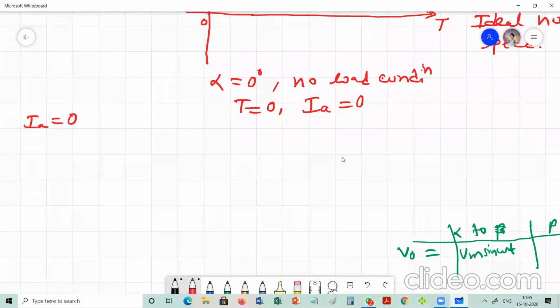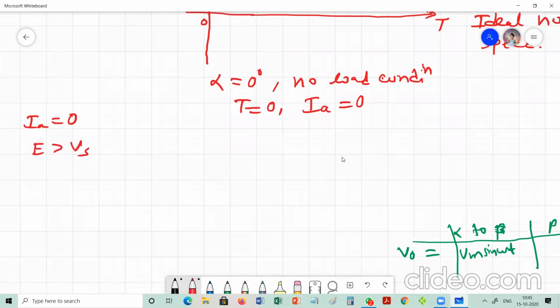Ia is the current flowing through the switches. Ia equal to 0 means no thyristor is conducting. No thyristor is forward biased, and thyristors will not conduct when they are not forward biased. This will be when E is greater than Vs.